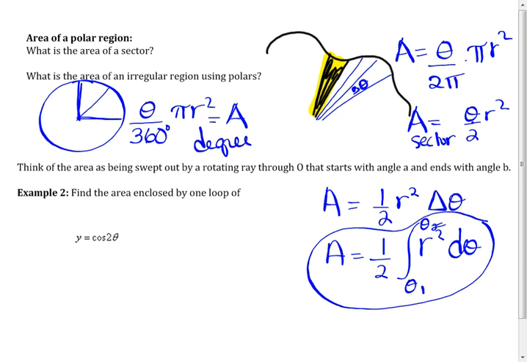And this is 1/2 r squared d theta from theta 1 to theta 2. I feel like I'm missing an r there. Yes, I typed this wrong. This should be r equals 2 cosine of 2 theta. There, that'll make it feel better.